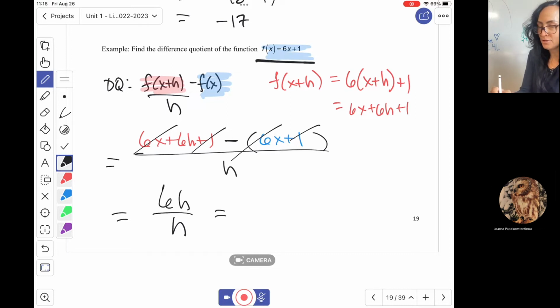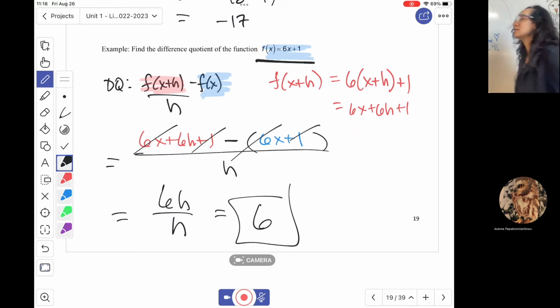And can I simplify that further? 6. So my difference quotient is 6. But what does that represent? That was the slope, right? What type of function is this? Linear. What's the slope of this function? 6. You just proved it. That's kind of cool. No, that's so cool.